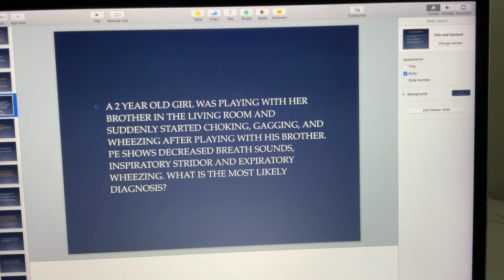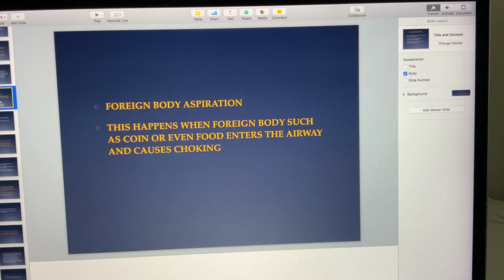Next question, a 2-year-old girl was playing with her brother in the living room and suddenly started choking, gagging, and wheezing. PE shows decreased breath sounds, inspiratory stridor, as well as expiratory wheezing. What is the most likely diagnosis?